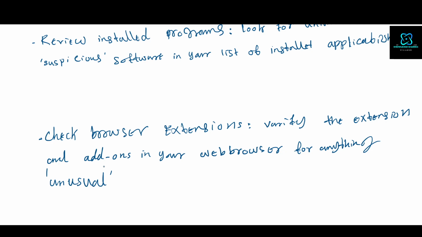So I hope you have gained sufficient knowledge up until now about what spyware is, how it works, and how to increase our defenses against it. We have also learned steps or common ways to detect if our device is already infected.